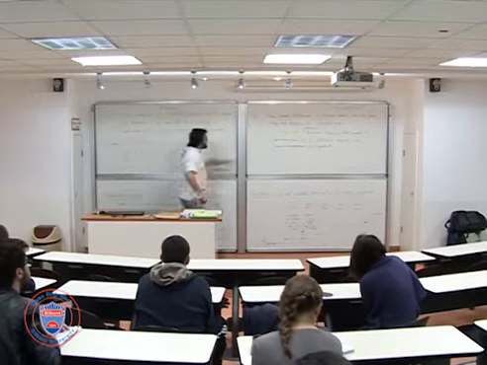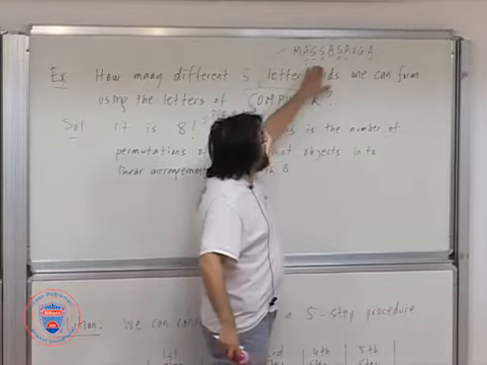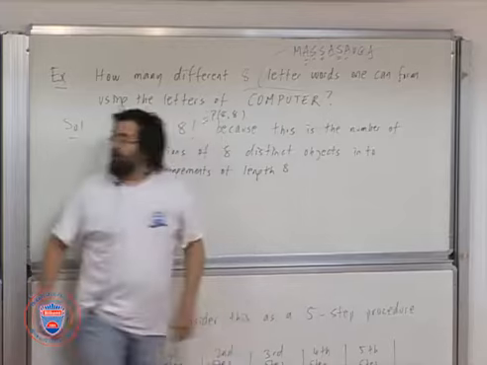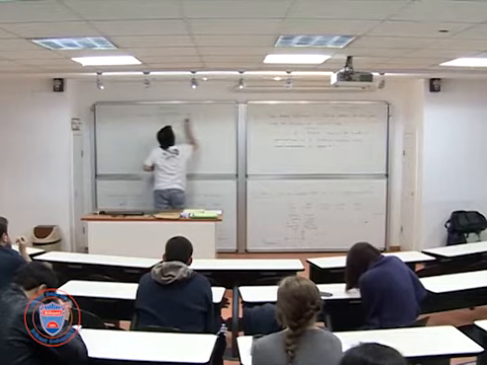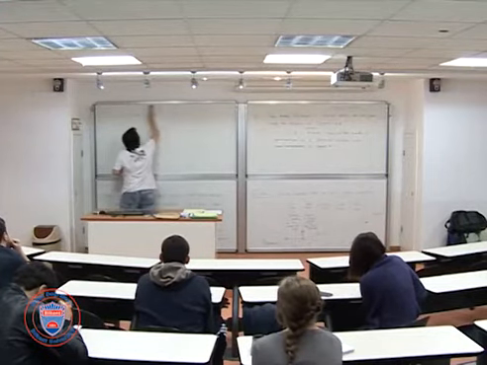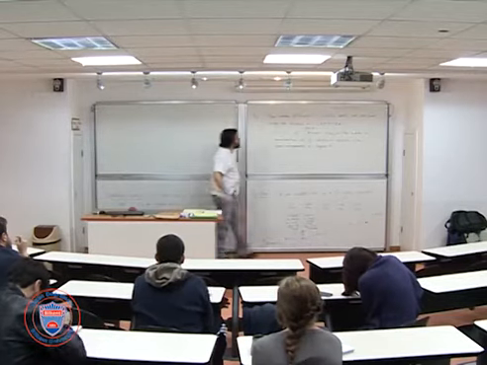As you see, our analysis stops when you start having repetitions. So far we have done permutations where everything was distinct and it worked, but as soon as you have repetitions, it doesn't work anymore.